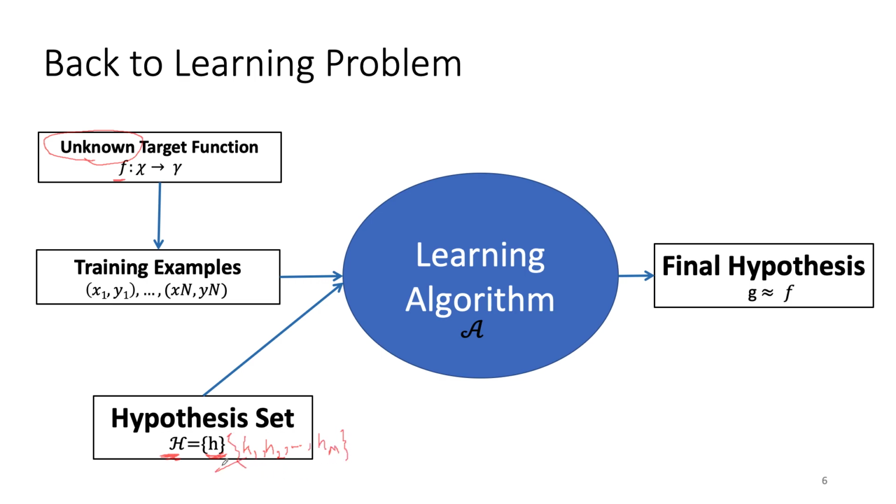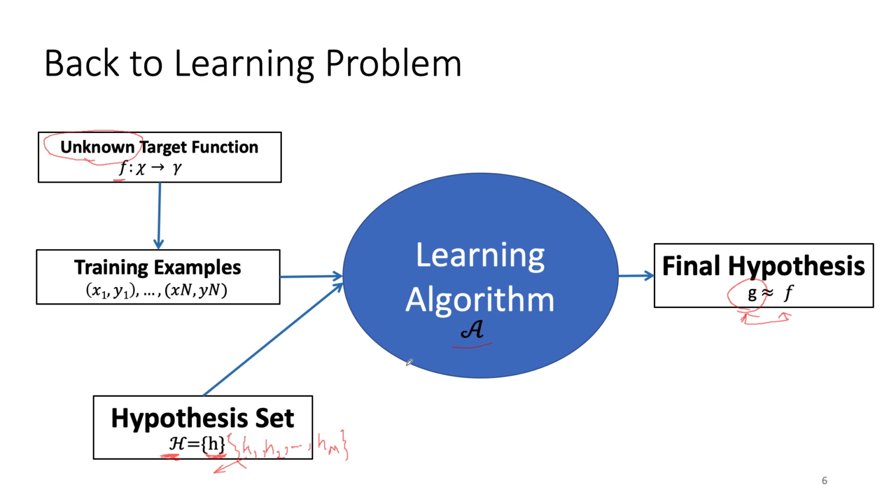Remember, in your perceptron case, this could be any classifier, right? And we wanted to pair this with the learning algorithm A to come up with a final hypothesis. The final hypothesis we chose was g, and it was mimicking the unknown function f that at first we wanted to learn, and we didn't know what it was, right?